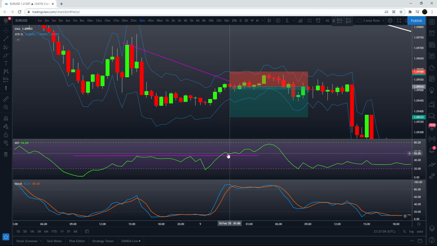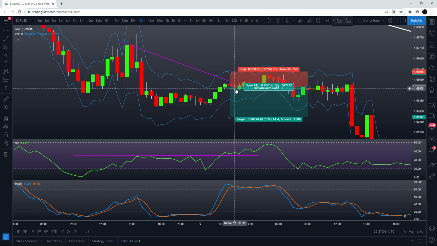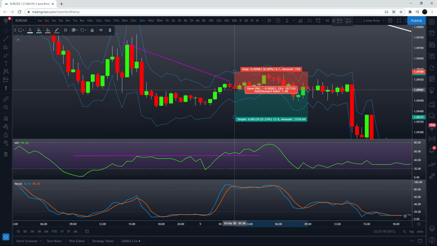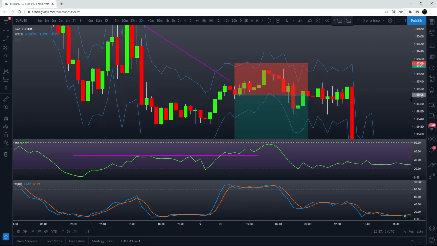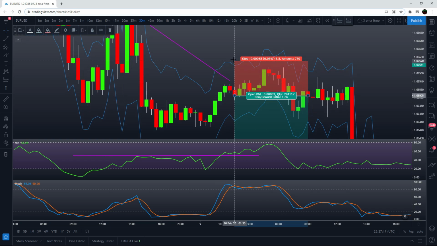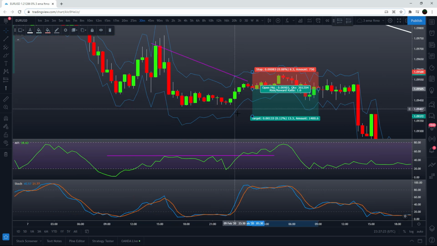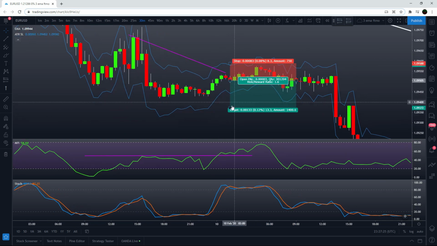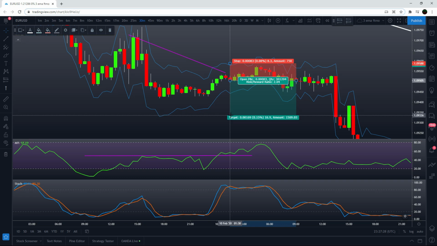You then wait for the cross down on the stochastic, which happens on this candle right here. So that's your entry. And your stop loss is going to be placed at the highest point on that stop loss indicator for this swing. So in this case, it's looking good, targeting 2 times risk.